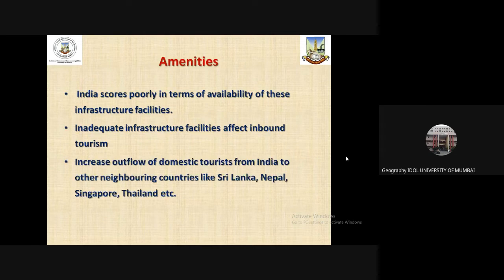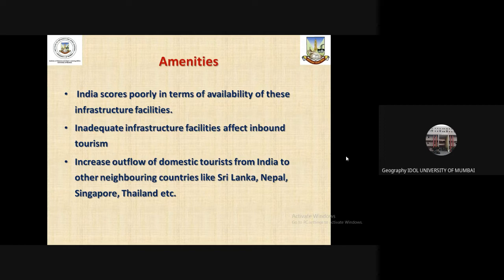As far as amenities are concerned, India is poor in terms of making good infrastructure and amenities available for tourists coming from different parts of the world. The inadequate infrastructure also affects international tourism as well as domestic tourism.